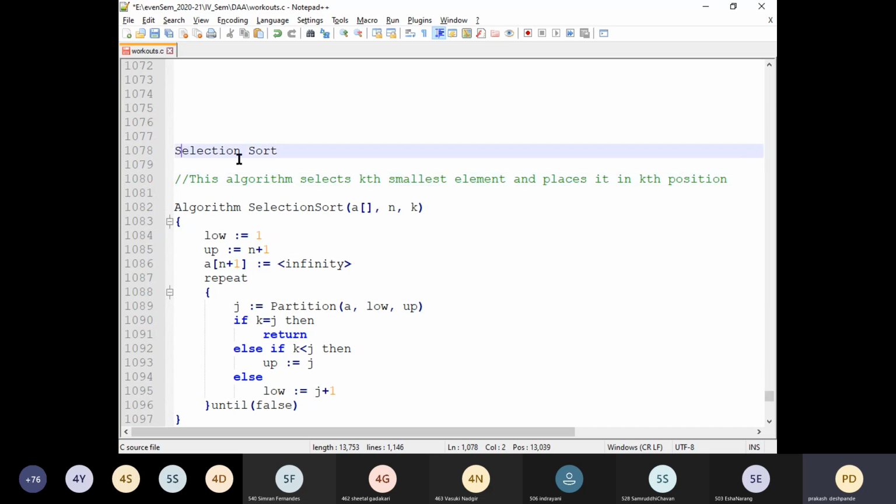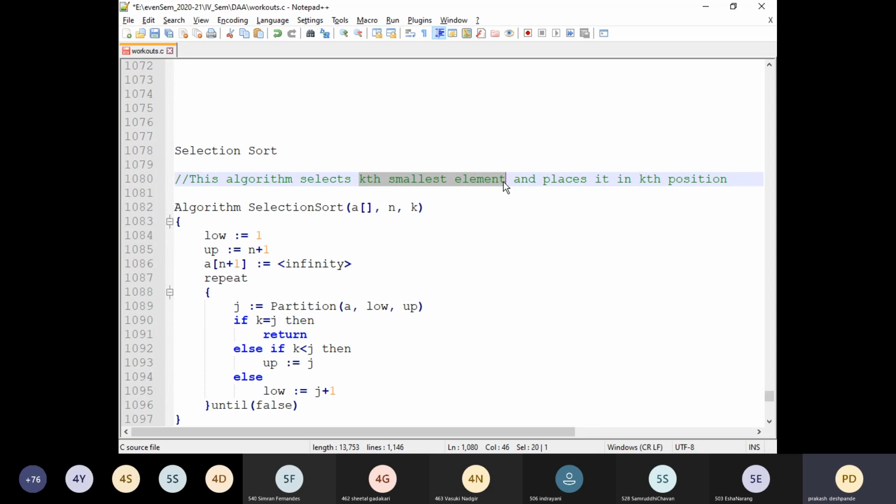In this divide and conquer approach, the focus is not sorting all the elements of the given set. Rather, it tries to find the kth smallest element.